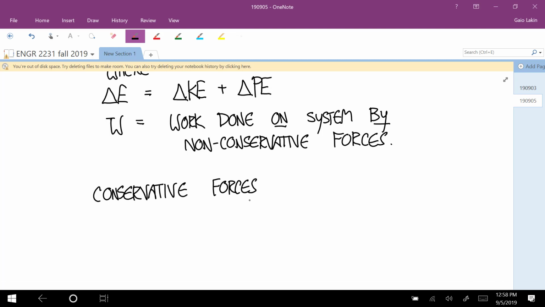So a conservative force is a force that only depends on the location of the object. And it doesn't even have to depend on that. But if knowing the object's location is enough to know what the force is on it, then that force is conservative. So these are forces that only depend on the object's location.